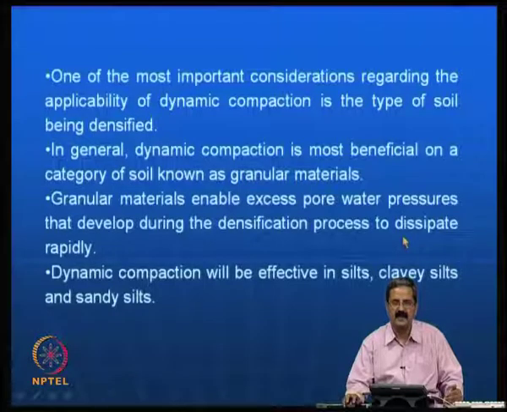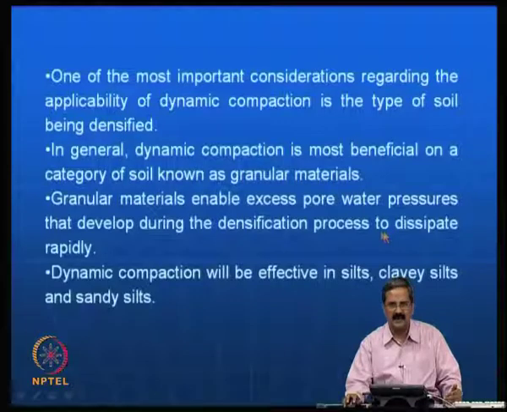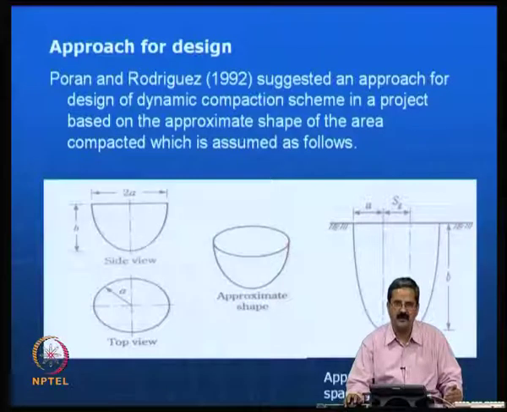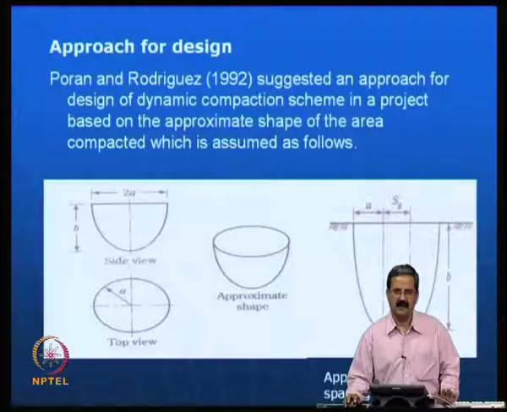Dynamic compaction has been used with considerable effect in coarse grained soils, but it has been quite effective as well in silts, clay silts and sandy silts, as well as in municipal solid waste, so much so that it is one of the preferred options, particularly when you would like the area to be ready at a fast rate.